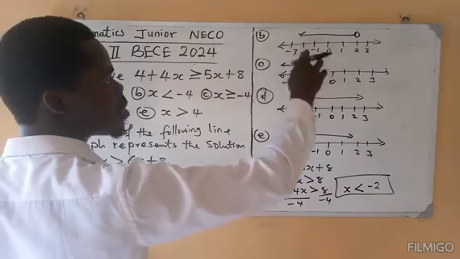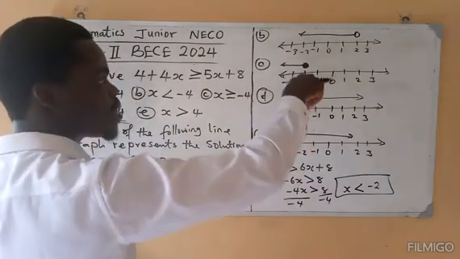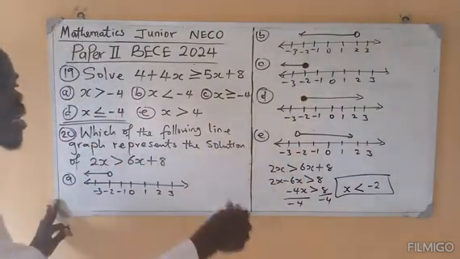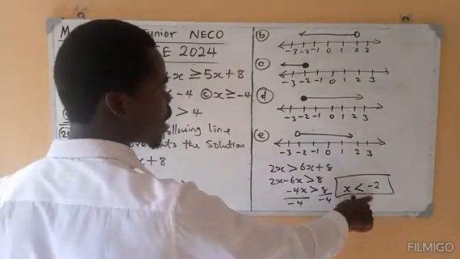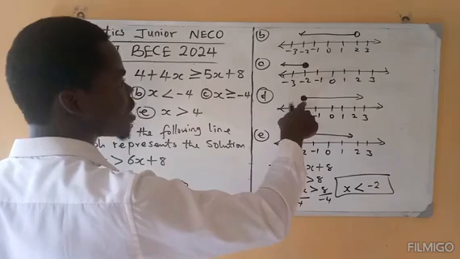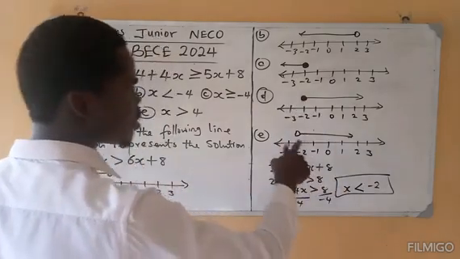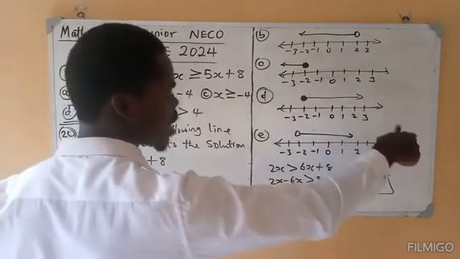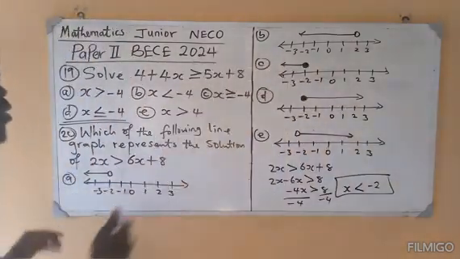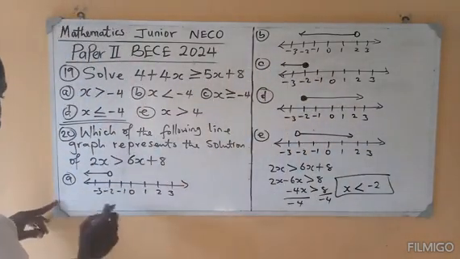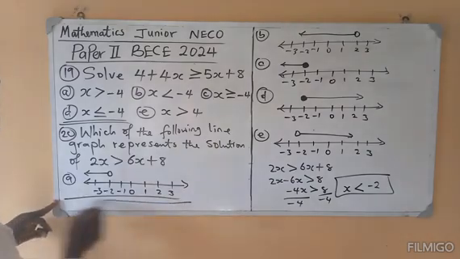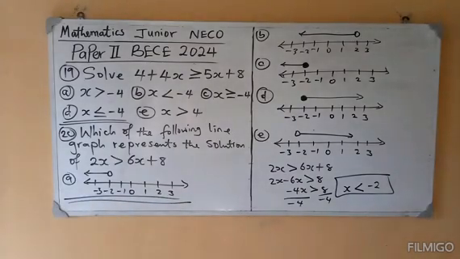Here it is saying minus 2 is greater than or equal to x. This is saying minus 2 is greater than x. So the correct option is A.